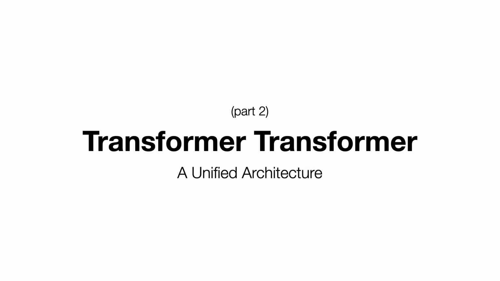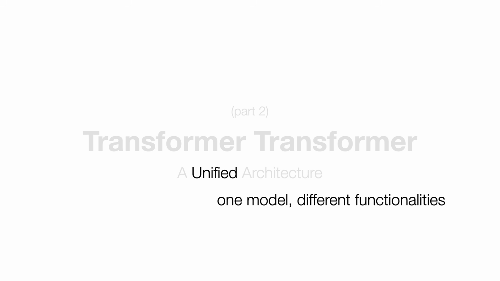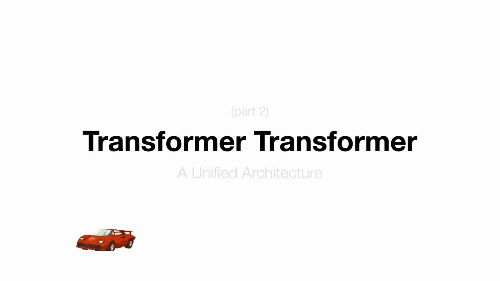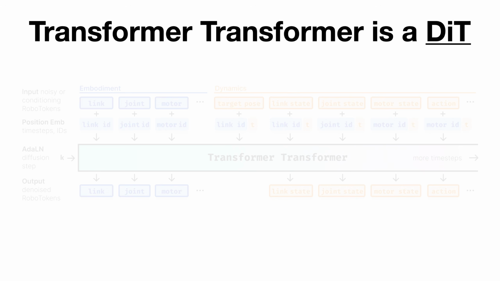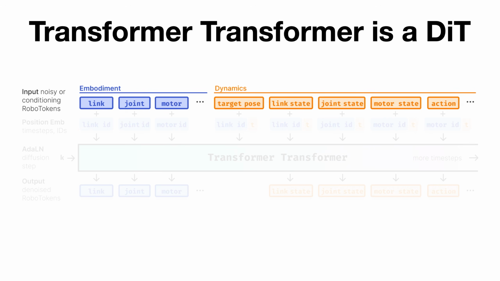That brings us to part 2, a unified architecture called Transformer-Transformer. We call it unified because, as you'll see, one model can have different functionalities. As for the pun, the first transformer refers to robots whose embodiments can change, while the second refers to the self-attention architecture. More technically, the model is a diffusion transformer that is trained on robot tokens.